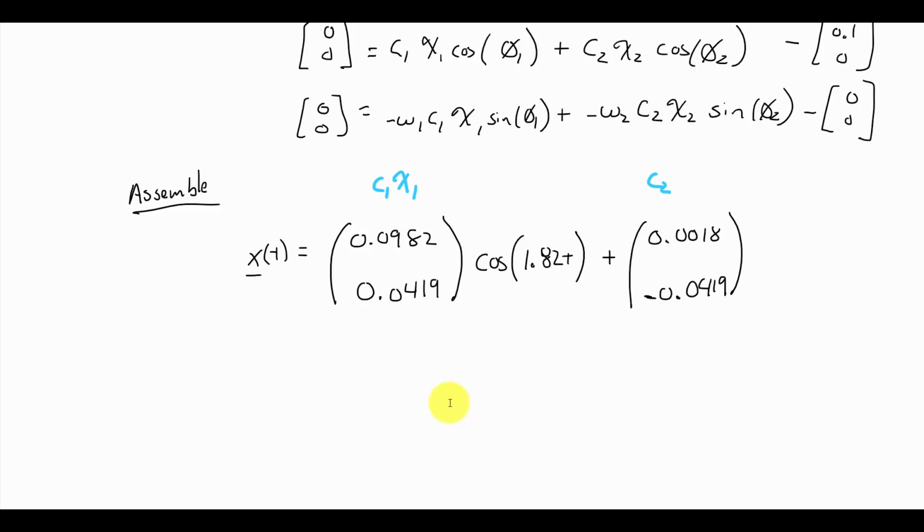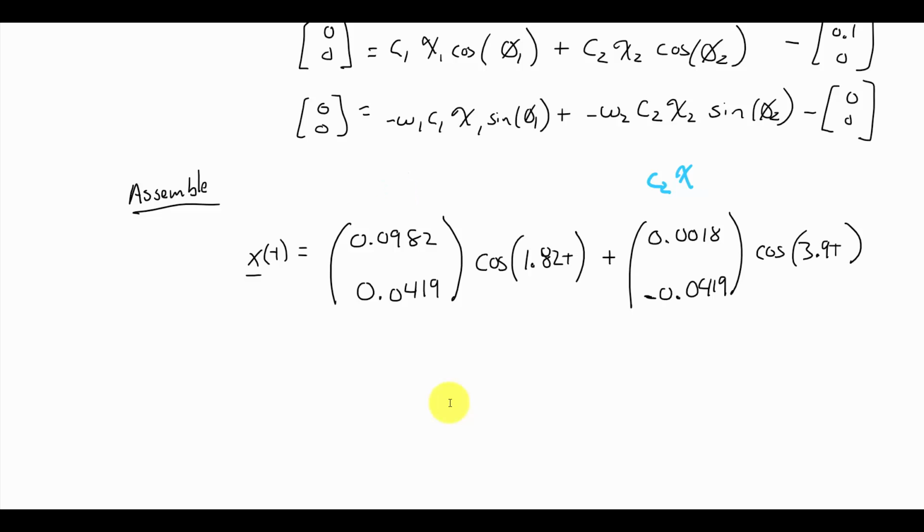Again, that's the product of C2 and chi2. And that's going to be multiplied by the cosine of omega 2 times t minus phi2, which again, from applying initial conditions, we found that phi1 and phi2 were both 0.